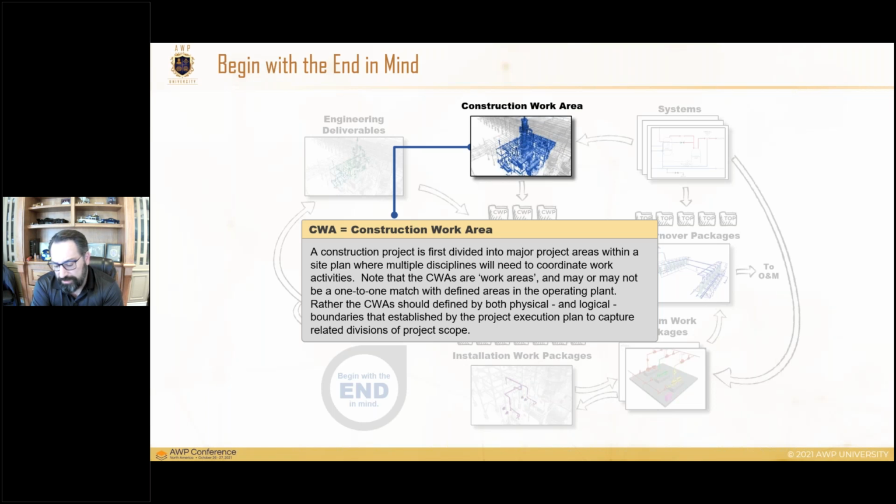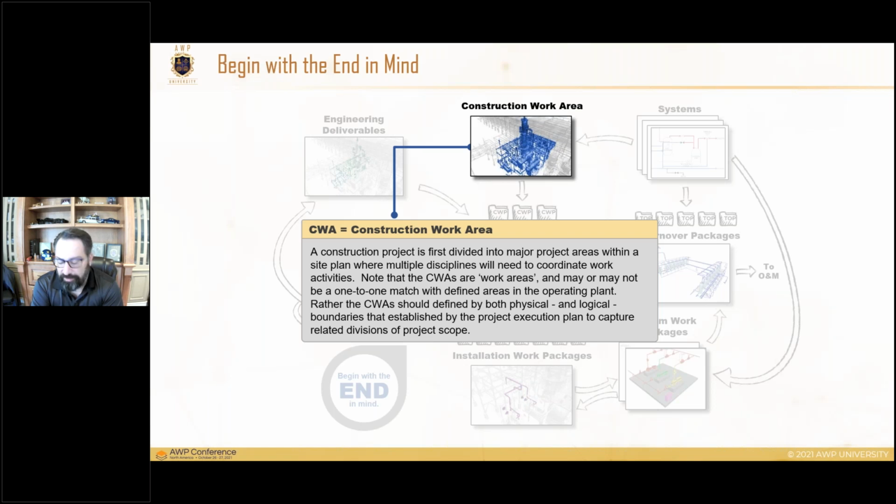But the CWAs, as we're going to develop those, are geographical areas that have been plotted out on the plot plan itself. Sometimes these sessions, when we identify the construction work areas, are literally a whiteboard with markers to identify what units and what area we're starting in and which direction we're heading.